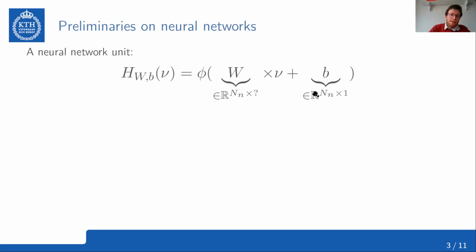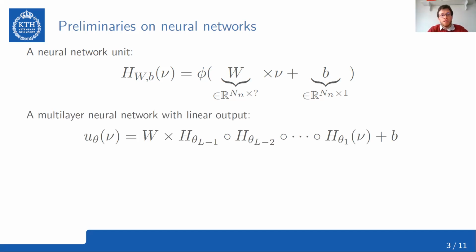And if we want to talk about deep learning, then we will introduce several layers. So a multi-layer neural network is a composition of the h function many times. Here, the function is u_θ, where θ is a tensor of parameters and ν is the input.